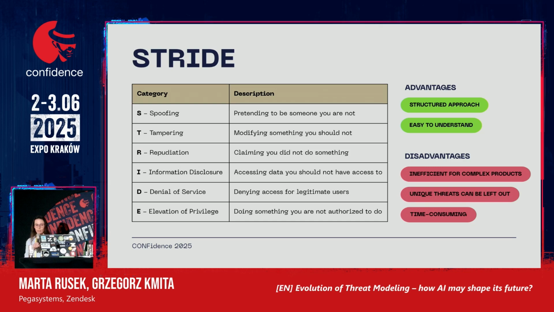And STRIDE is actually a good approach for a structured product, making it easy to understand. It's good for smaller and medium-sized products. However, for complex ones, it may not be efficient because it may be very time-consuming and some unique threats may not be covered.